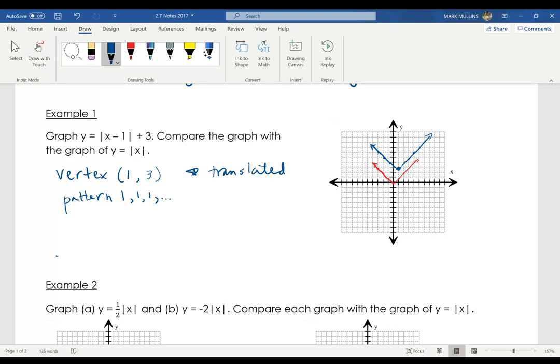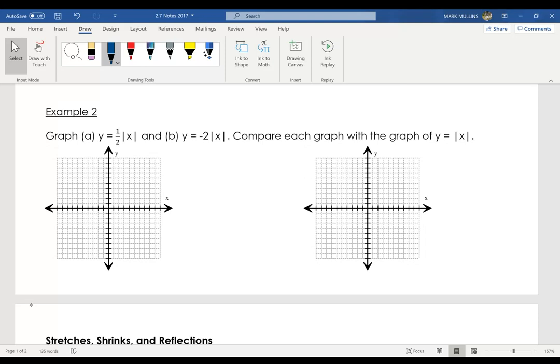I moved my vertex from 0 to 1, and then my vertex for the y went up 3 because I moved from 0 to 3. So I translated it 1 unit right and 3 units up.